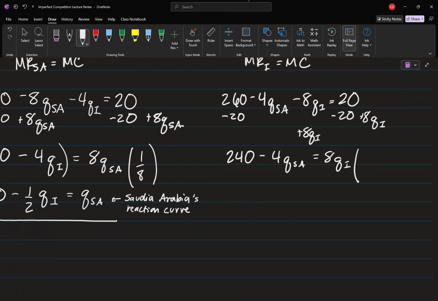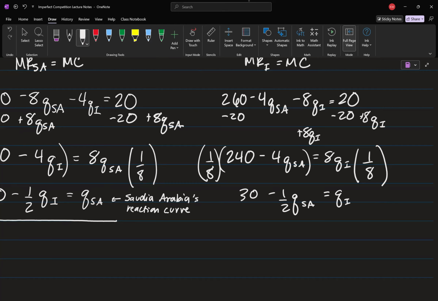From here, we're going to divide both sides by 8. That's going to give us 30 minus 1/2 times the amount Saudi Arabia produces equal to the amount that Iran produces.